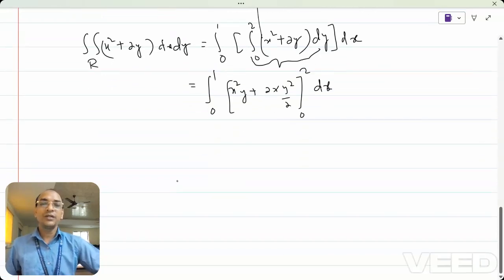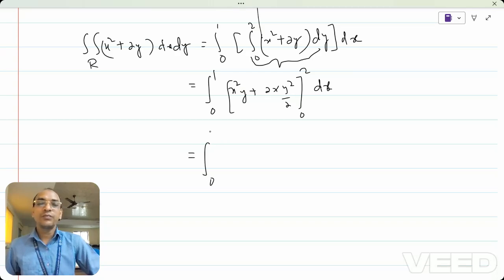Now here we see that the upper limit of y is 2 and the lower limit of y is 0. So let me first put the upper limit and lower limit. For the upper limit, wherever y is there, I will put 2. So it will be nothing but 2 into x square.